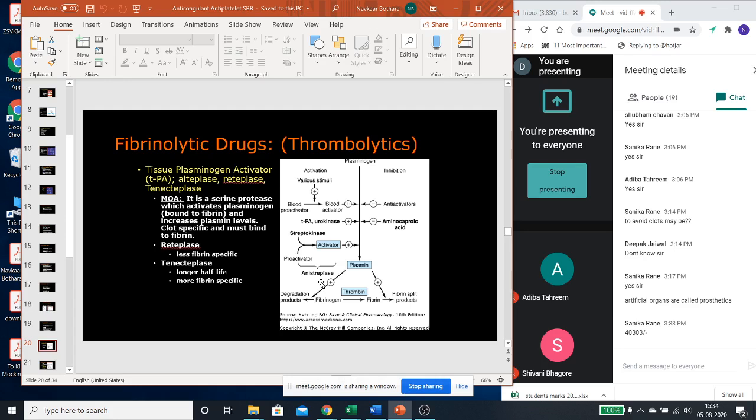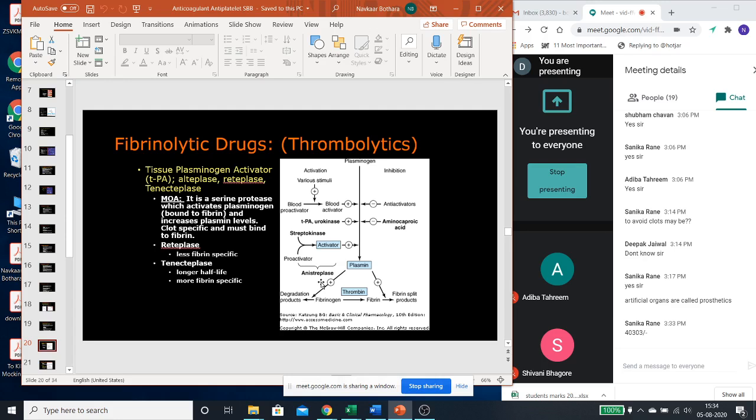Their mode of action is that they are serine proteases. Serine is an amino acid which is an active moiety of protease, that is the enzyme which causes breakdown of protein. So it is a serine protease which causes activation of plasminogen. Plasminogen is a big molecule, so when it is cut, its active sites are opening.